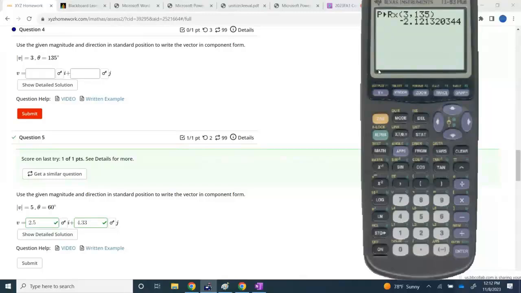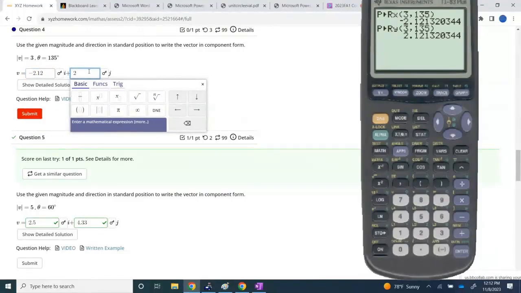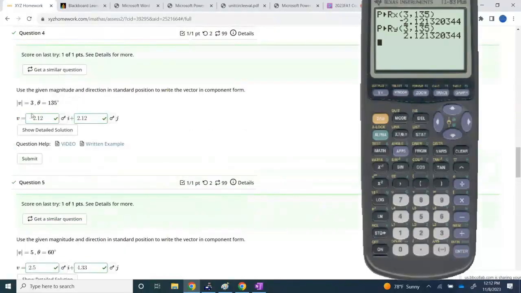It's not going to give me the square root, it's going to give me the decimal approximation. I'm going to go back in the angle and use the A function to find the vertical component, using 3 and 135. So let's try negative 2.12 and positive 2.12. And it accepted it. Okay.